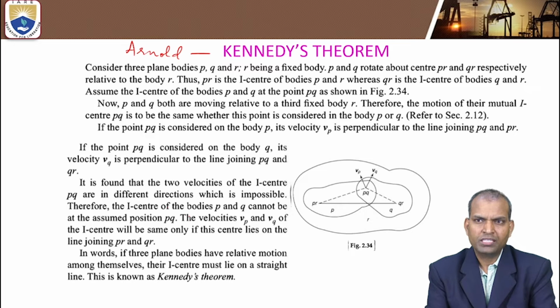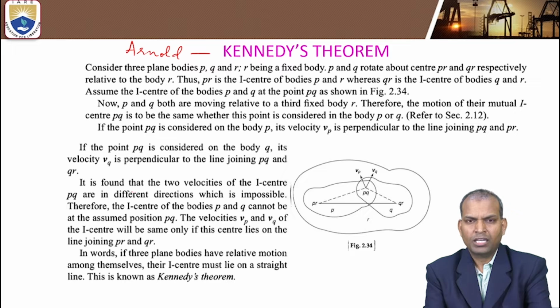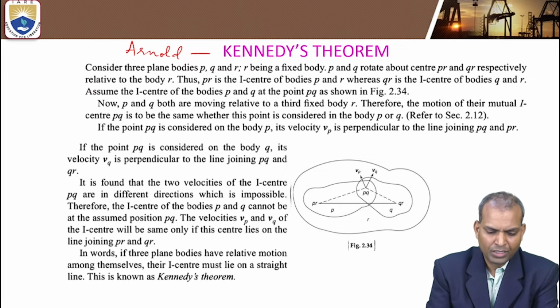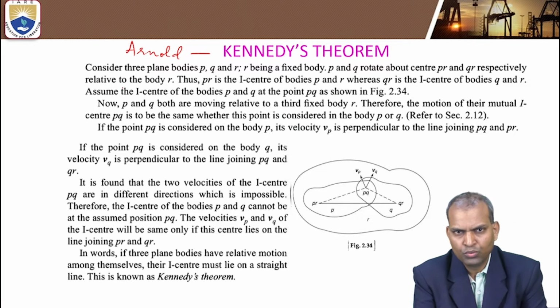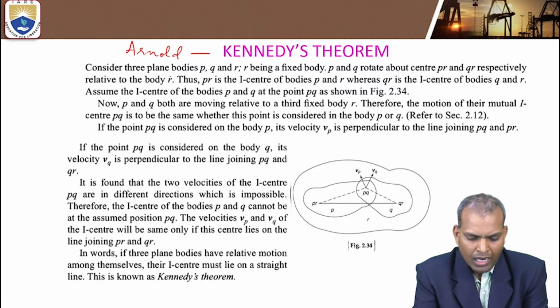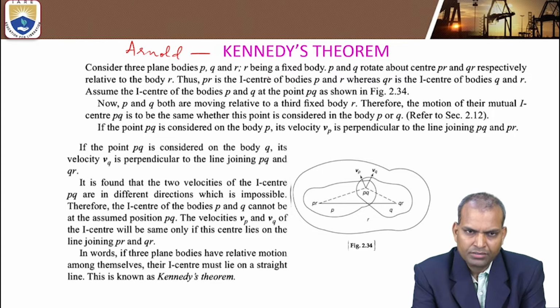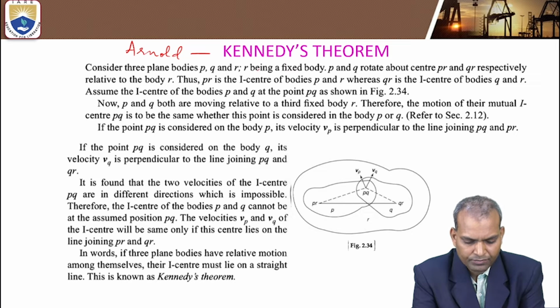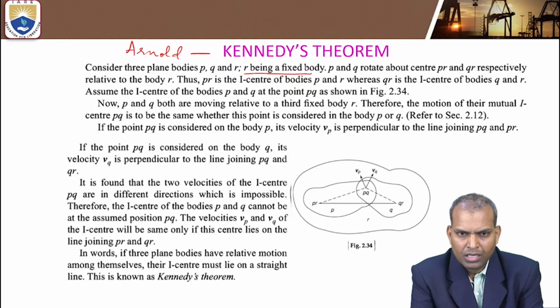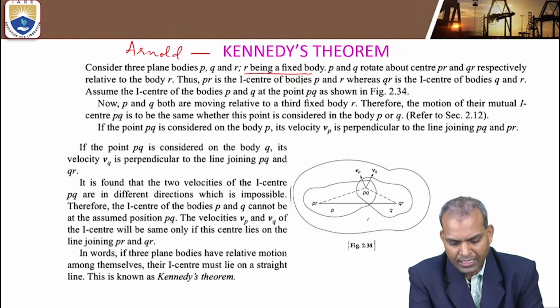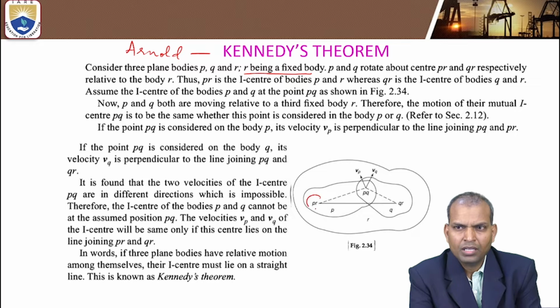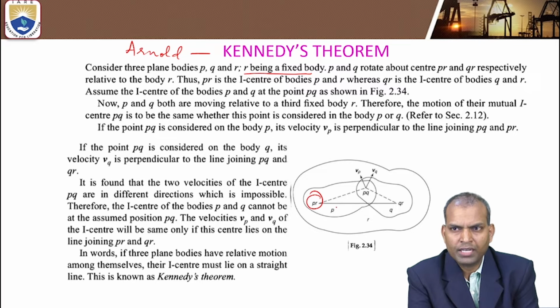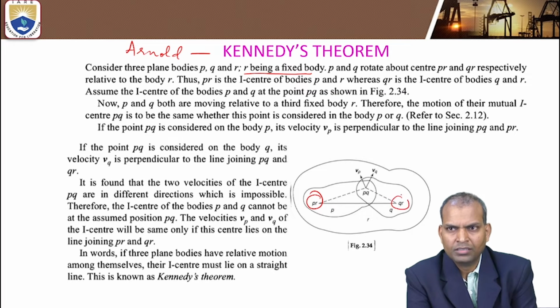Suppose when three bodies are rotating each other, let me read. There are three plane bodies, the three plane bodies P, Q and R. And R is a fixed body, P and Q are movable. When P and Q are rotating, P is rotating about the center PR and Q is rotating about the center QR.